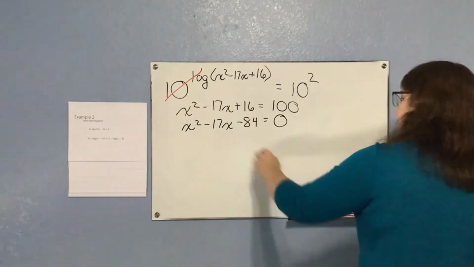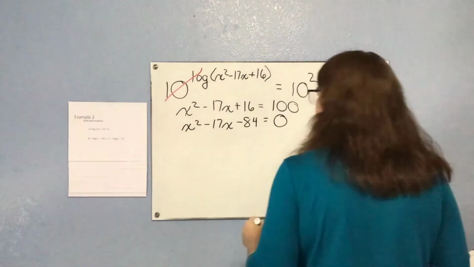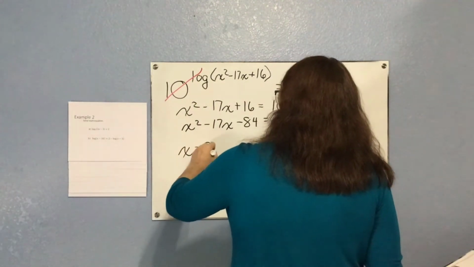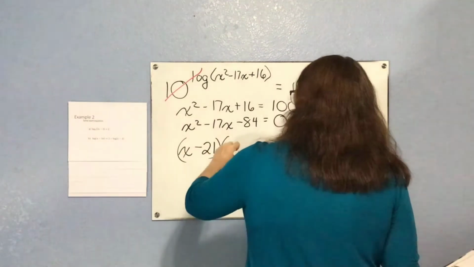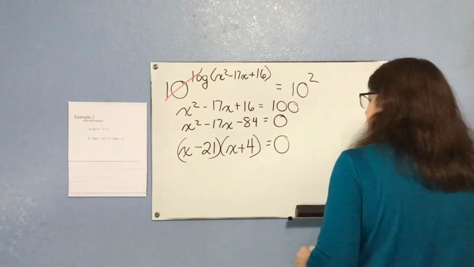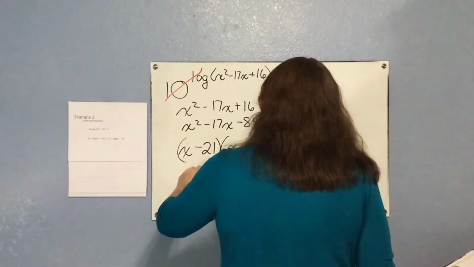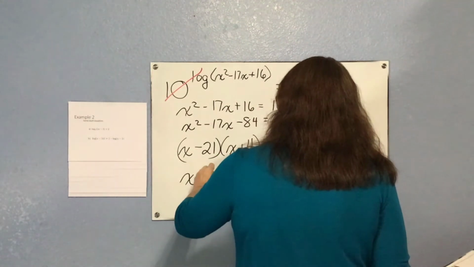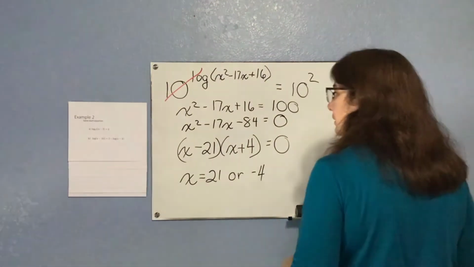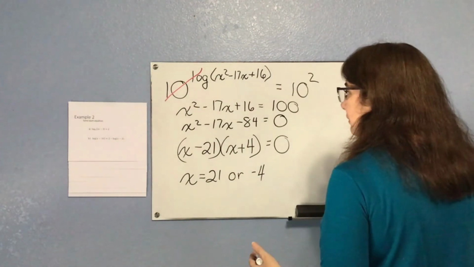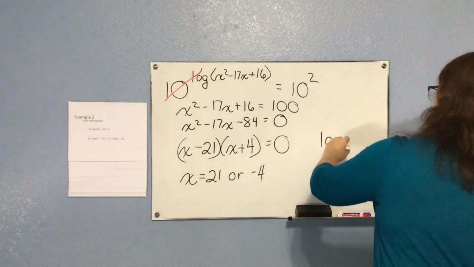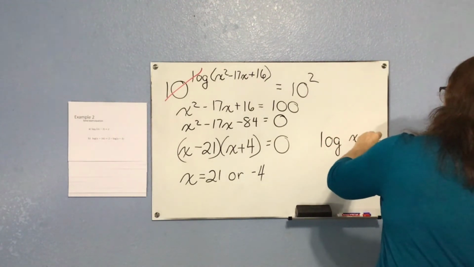This can be factored. If you don't see the factoring, you can always use the quadratic formula. But we're going to do x minus 21 times x plus 4 equals 0. So x equals 21 or negative 4. Looking back at my original, I had log of x minus 16.